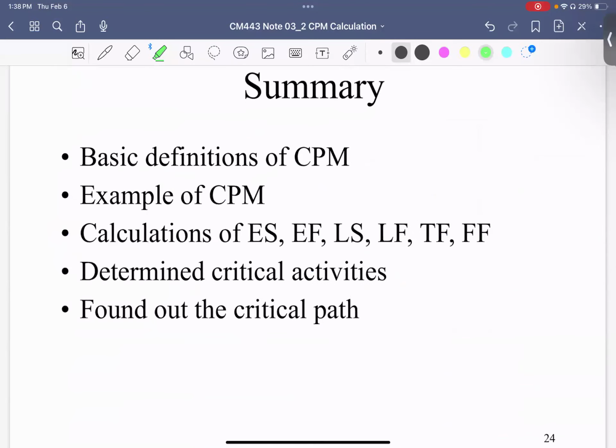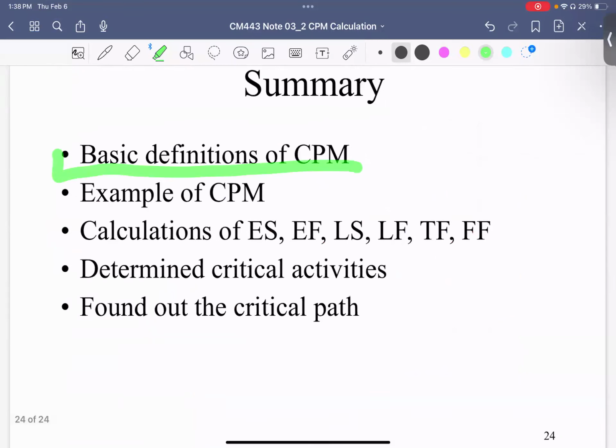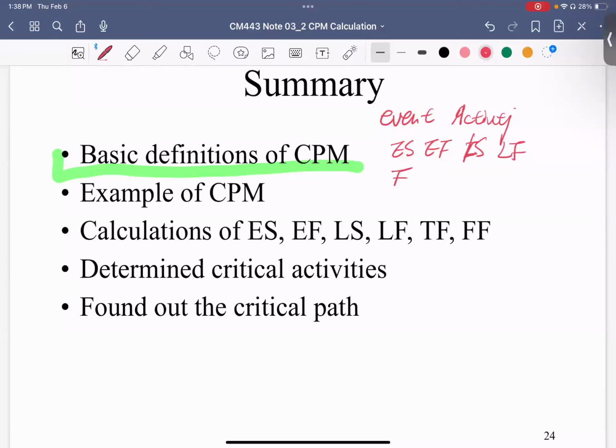This is a summary of what we learned last lecture and also today's lecture. We learned the basic definitions about the CPM, including what is an event, what is an activity, and what are the early start time, early finish time, late start time, late finish time, free float, and total float. We also saw some examples of the critical path method, did a calculation, and determined the critical activities.